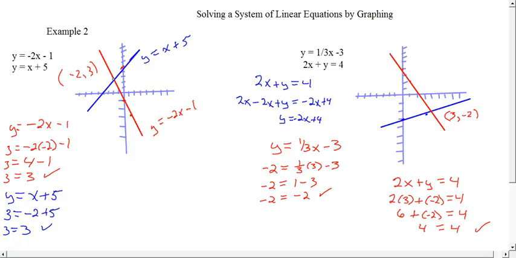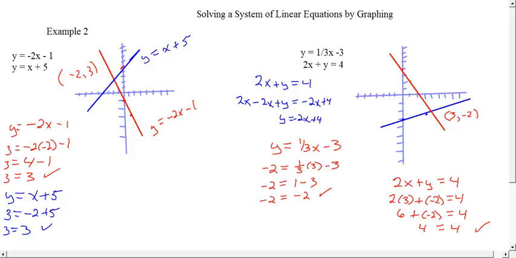So we will look at this intersection point here and come up with the conclusion that it is negative 2 and 3. Okay, so again, because we don't have graph paper here, the graph may or may not be correct.